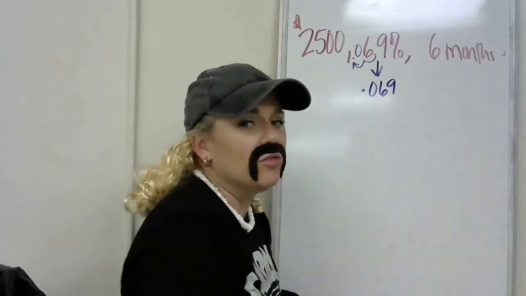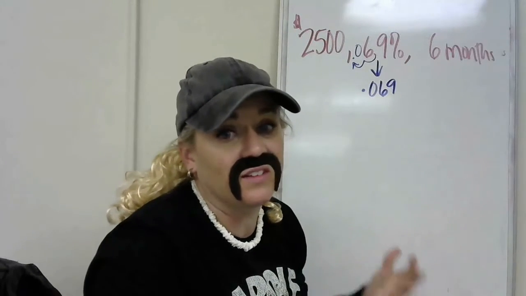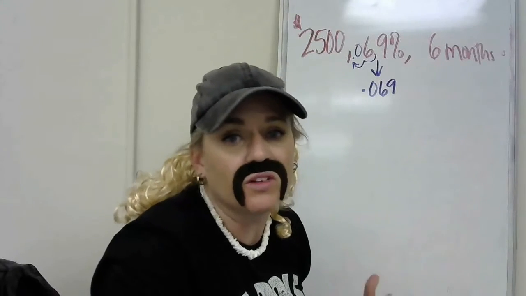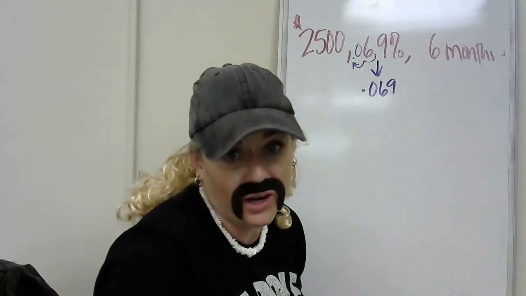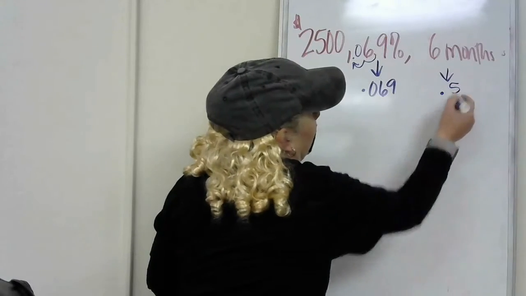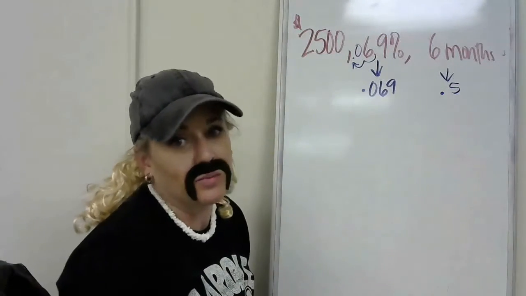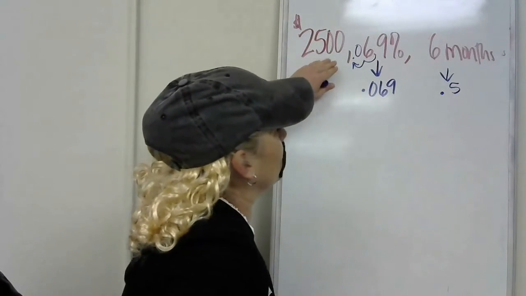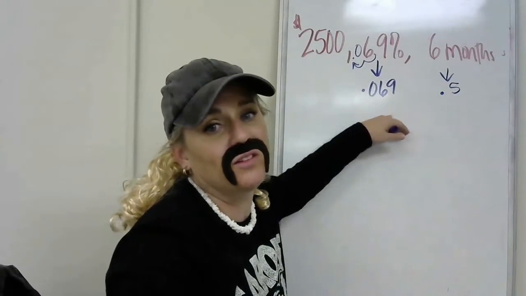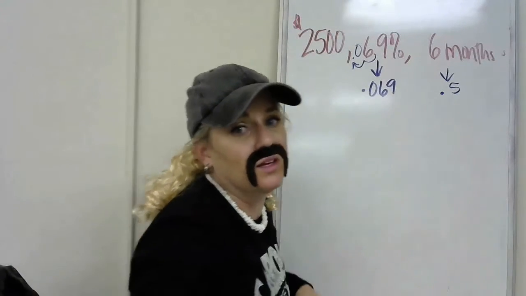Now, if you look at it, 6 months. 6 months is half of 1 full year, right? And half's equivalent decimal is 0.5, correct? So we're going to change this to 0.5. That's going to be a lot easier, peeps. So now we can just multiply the 2,500 times the 0.069 times the 0.5.